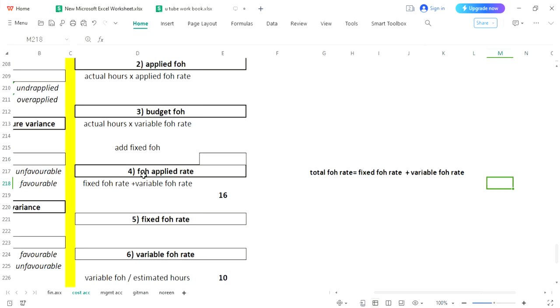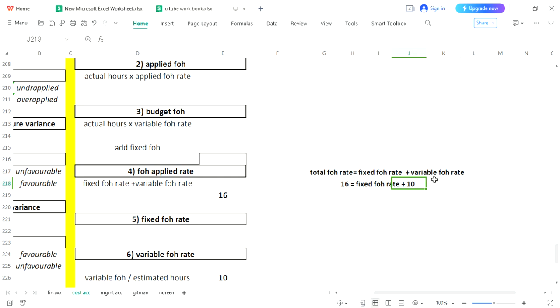So focus here. This is your total FH rate. You can put over here the rate is 16, and then the fixed FH rate is unknown. You can write it as it is. And then you need to put the variable FH rate, which is 10. We have calculated it with the help of the high-low level method. Now see, the fixed FH rate and 10 are being added over here. You want to take 10 to the opposite side.